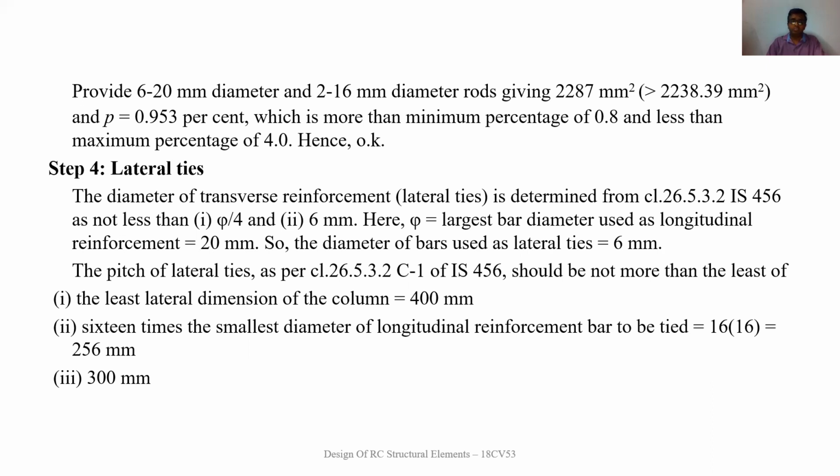In this particular problem, the smallest diameter used in the longitudinal reinforcement is 16 mm, which leads to 16 into 16, which is 256 mm, or 300 mm. The least of these three is 256 mm. Therefore, we are providing lateral ties of dia 6 mm at a spacing of 250 mm center to center.